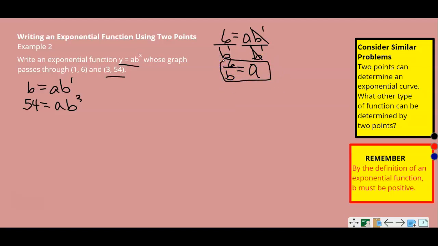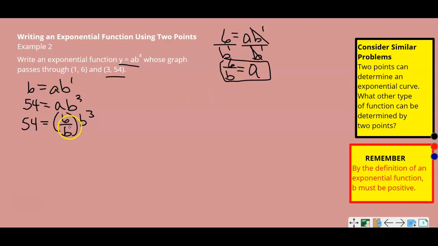All right, so now I can use this to substitute in equation 2 for a. So I'm going to have 54 equals, a is 6 over b, or b to the first power, times b cubed. So all I did was substitute for a what we solved for here.